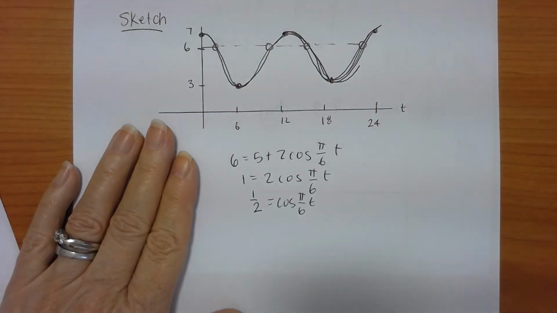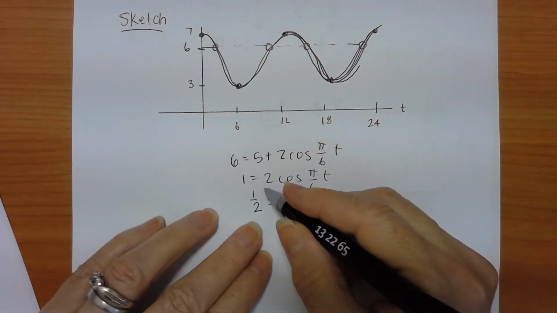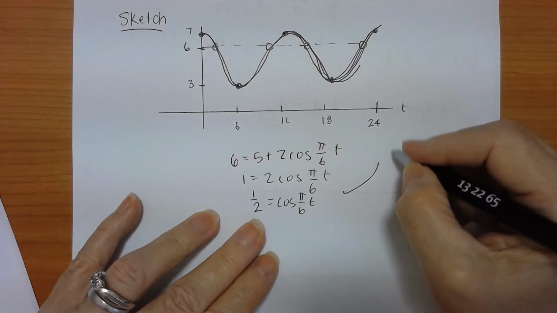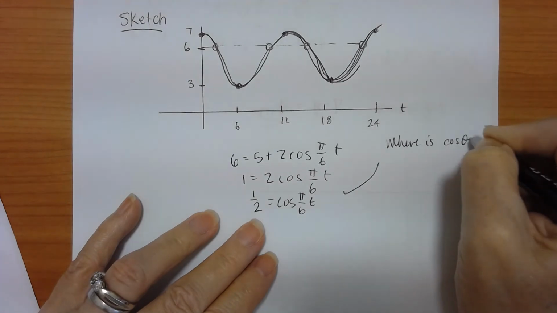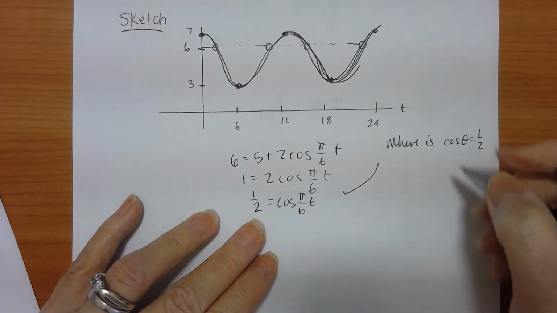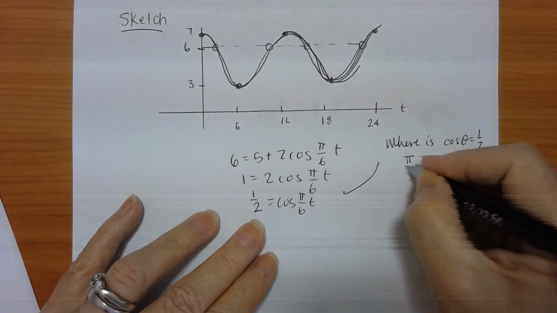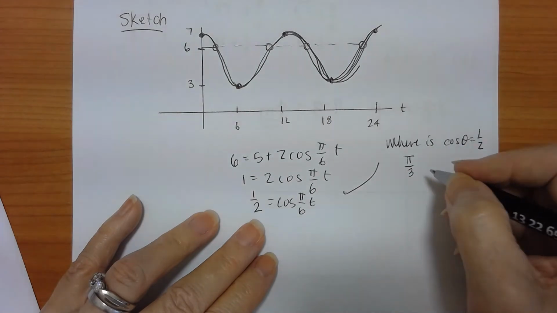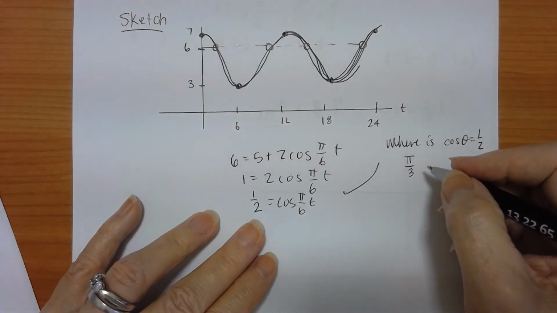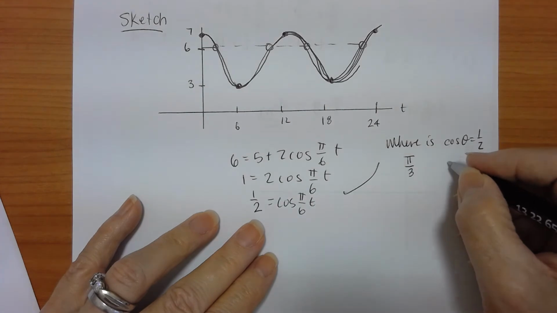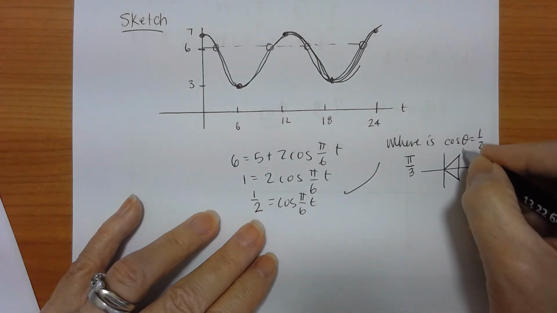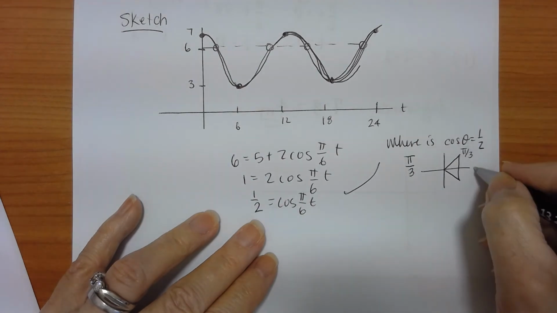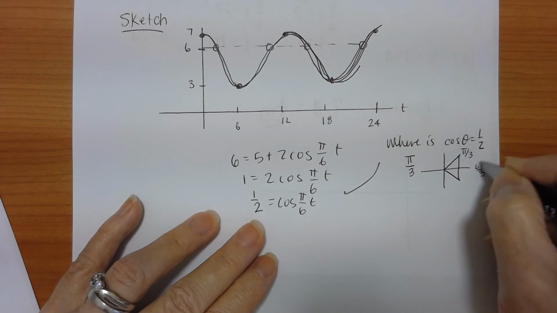I hope you kind of remember where the cosine is 1/2, because that's where you need to think right here. Where is cos theta equal to 1/2? And that is at pi/3, and also at 5 pi/3, since 6 pi/3 is 2 pi, so 1 off.